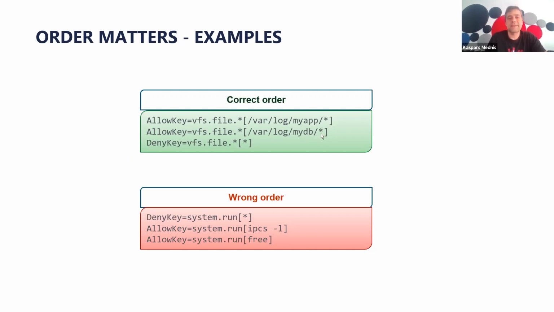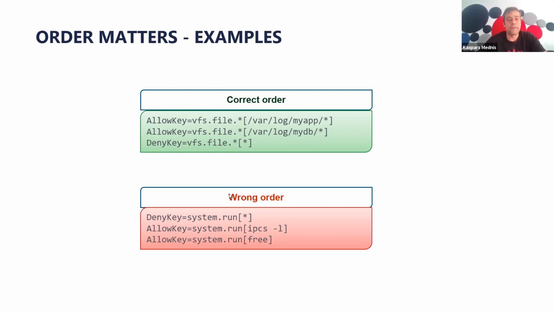And then you have a deny rule, which means this will deny all operations for any other files. So Zabbix will try to match this, and if nothing is matched, it is just denied.